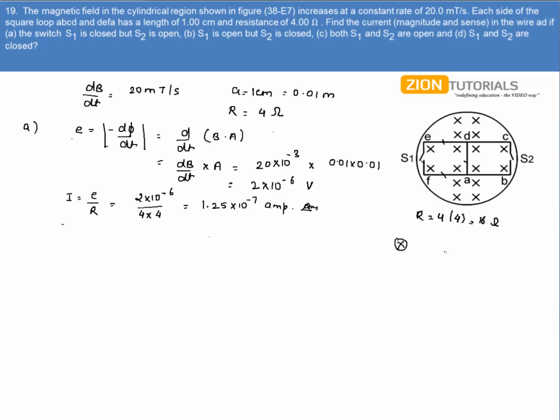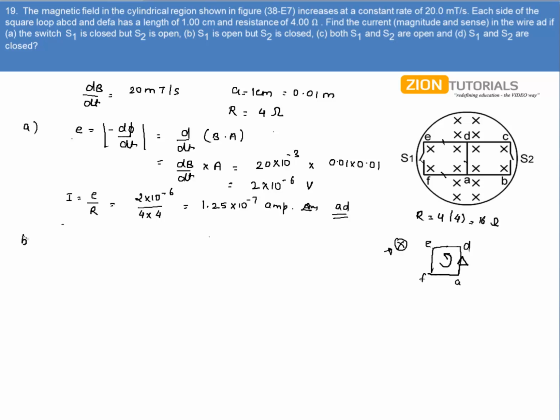If the current in the loop is in the counterclockwise direction, then the magnetic field produced by this current will reduce the effect of the applied magnetic field. Since the magnetic field is increasing, the current will flow in the counterclockwise direction. If I name it as E, F, A and D, then the current is flowing in direction AD. So AD is my direction.